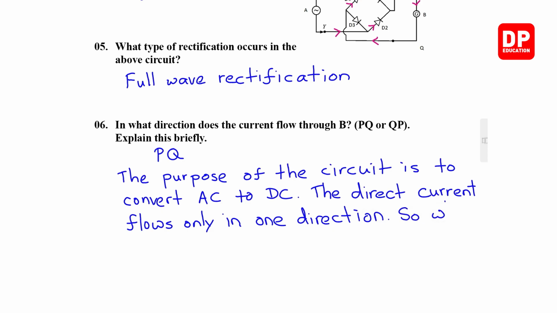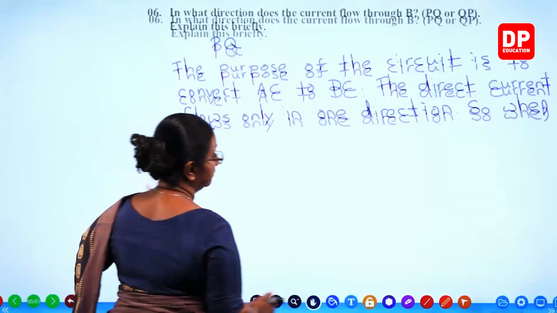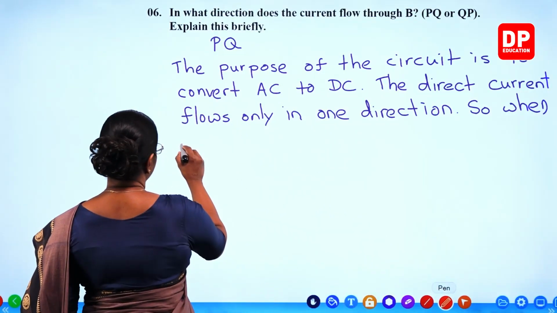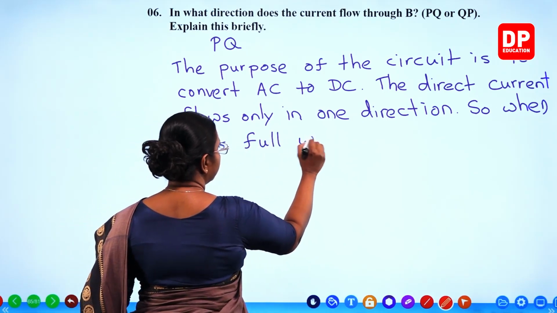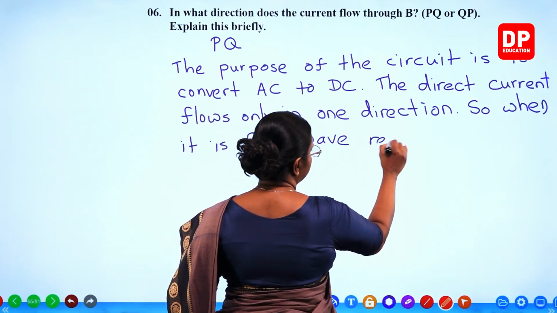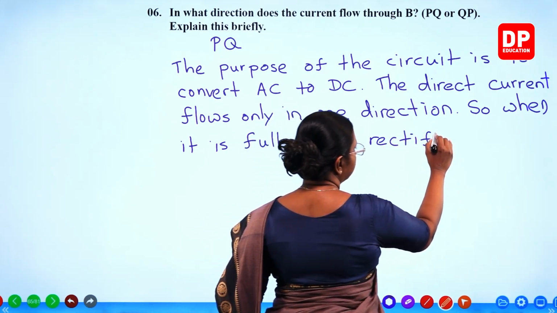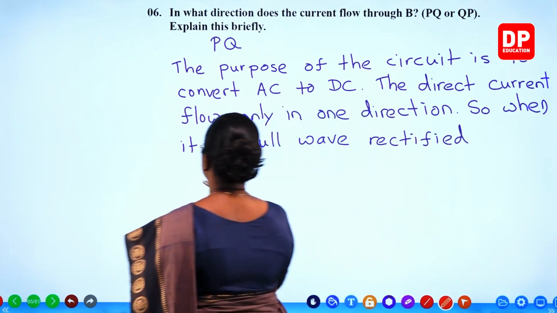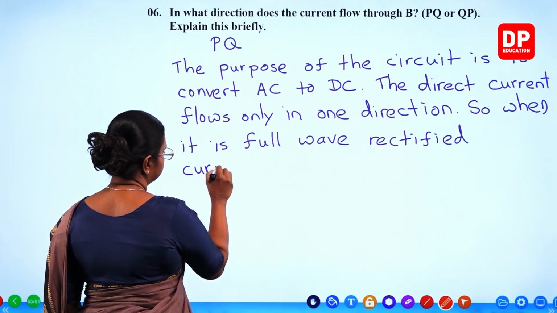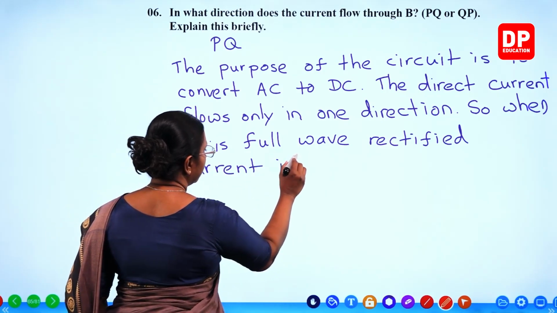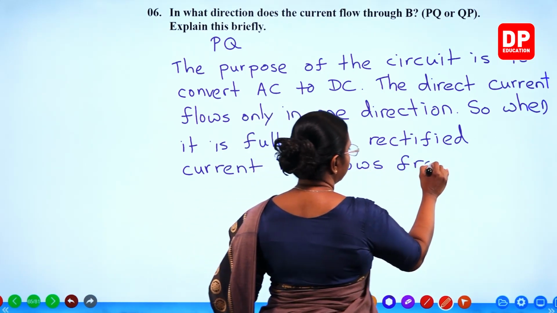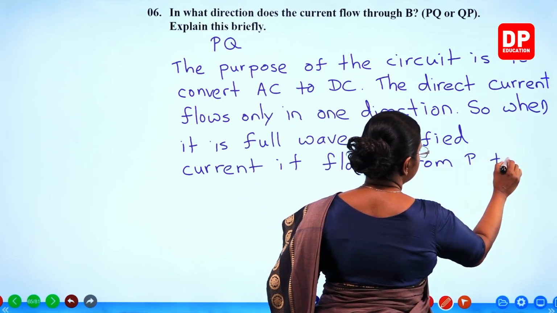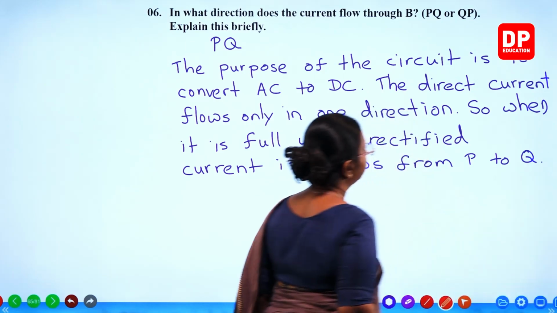So, when it is full wave rectified current, it flows from P to Q.